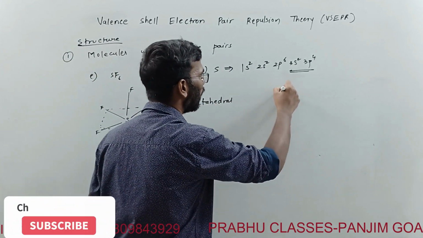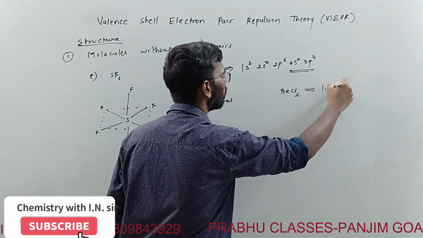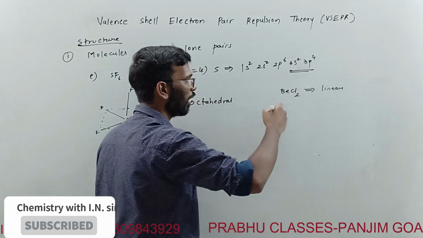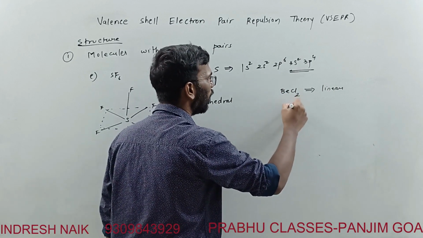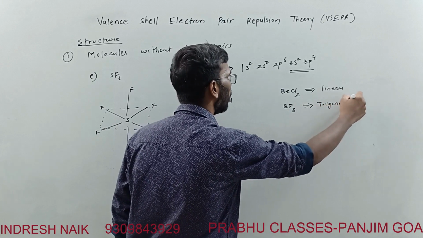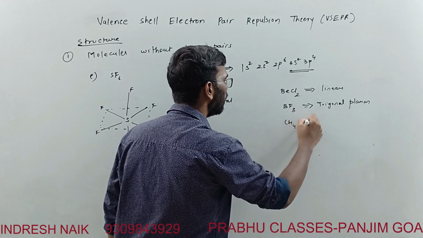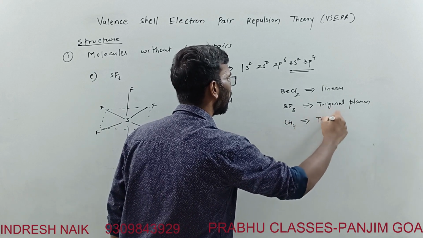For beryllium chloride I did not write it, so I'll write it over here. It is linear. You can go back and check, it is linear. And BF3 is trigonal planar, right? Then methane, I discussed that to be tetrahedral.